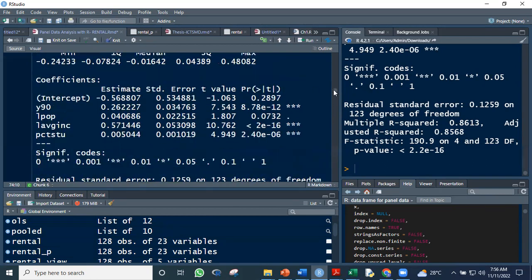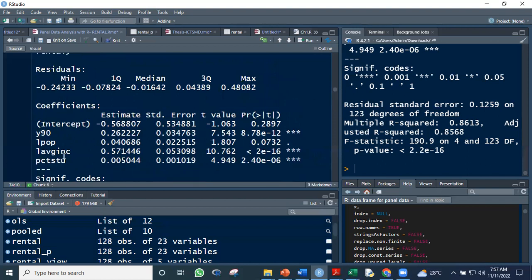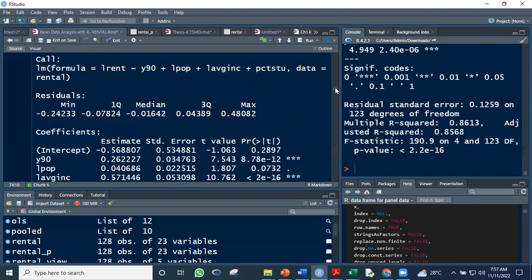Okay, of course, how do you interpret, for example, log average income, this 0.57? So your dependent variable is log, and then your average income is also log.